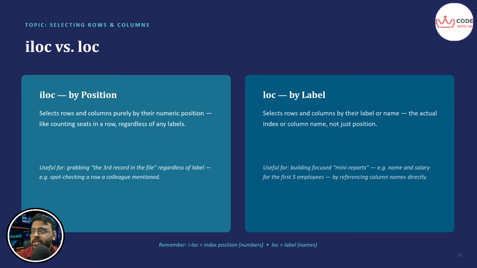And loc selects rows and columns by a label or name, the actual index or column name, not just the position. The example is the same: on the third row, Rahul, or fifth row, first girl Priya. So loc is with the name, iloc is only the index or the seat number.